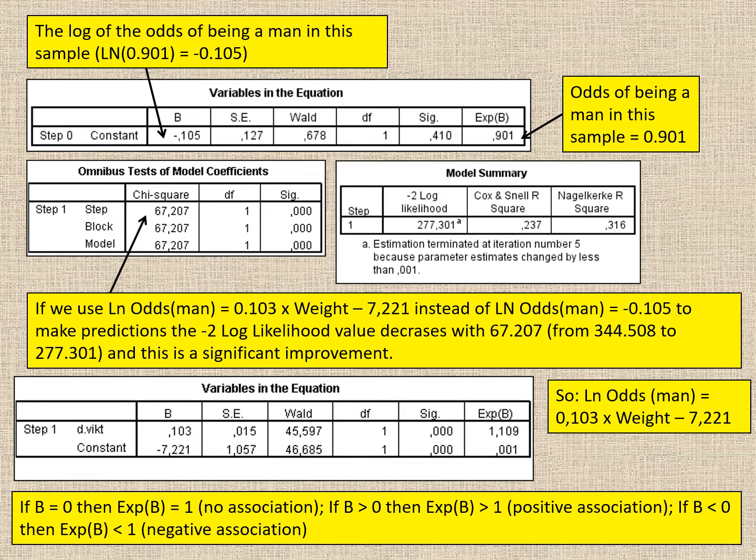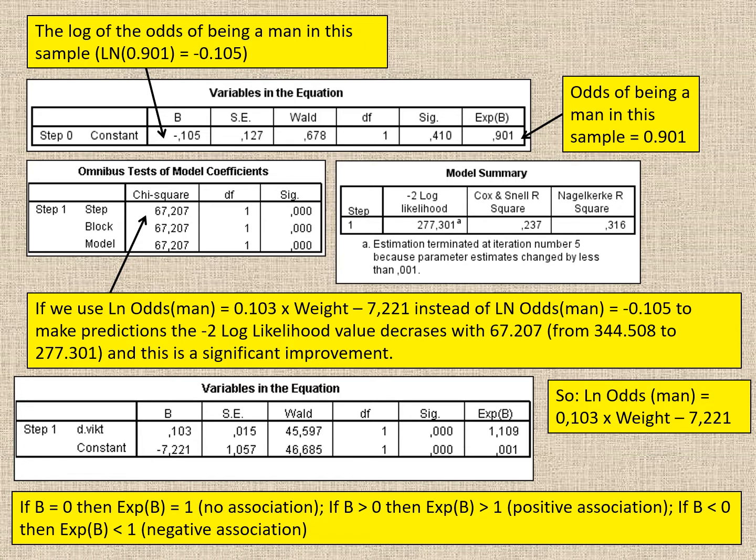If there's a negative association, then this is negative, and this one is below 1. But this one never becomes negative.